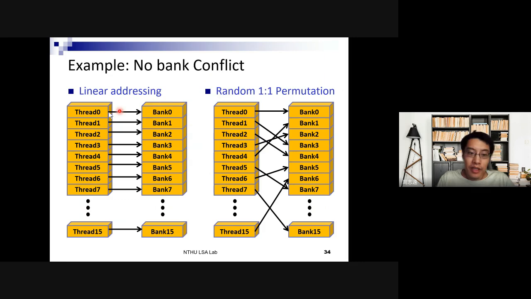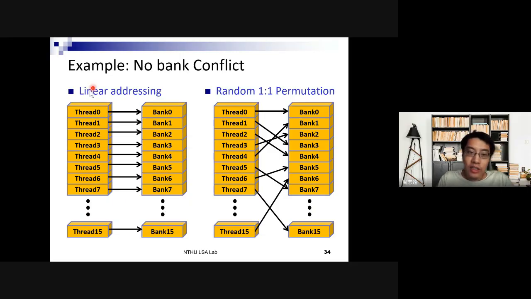Because within a warp, again, we only consider the access from a warp, if those threads have linear addressing across them, it means the data is linearized on the shared memory. So of course they will be striped across the shared memory. So if you have 16 threads and you have 16 banks, then of course there will be a one-to-one mapping without bank conflict.